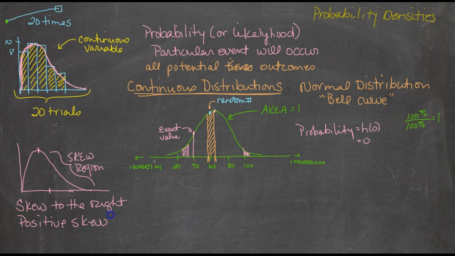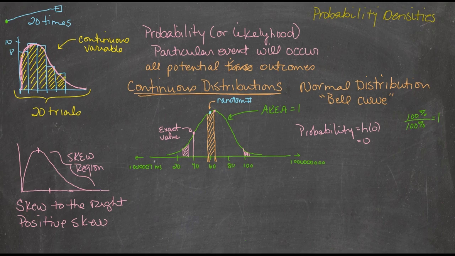I've had multiple teachers and multiple books in this arena, and so I use both words interchangeably. I don't really care which way you decide to describe it, as long as you describe it more clearly than I just described what I tried to say. But if you just remember that the long tail defines whether it's a right or a left skew.